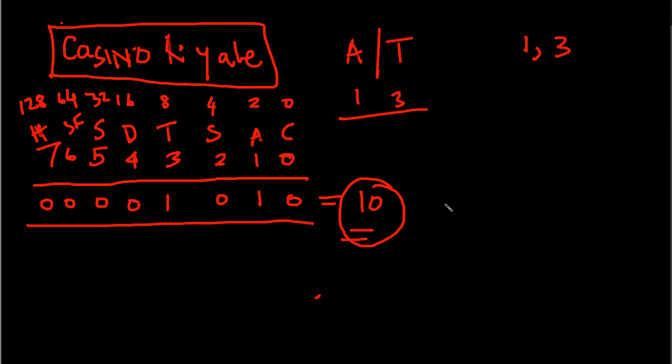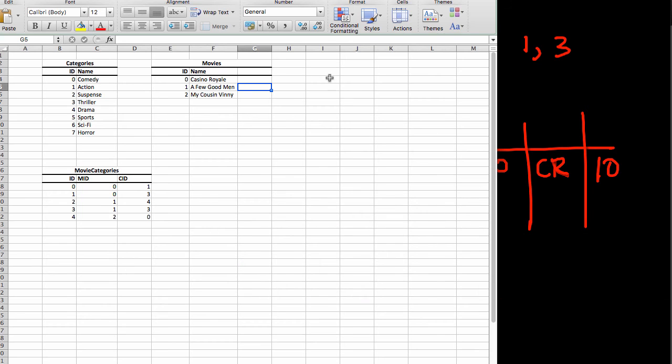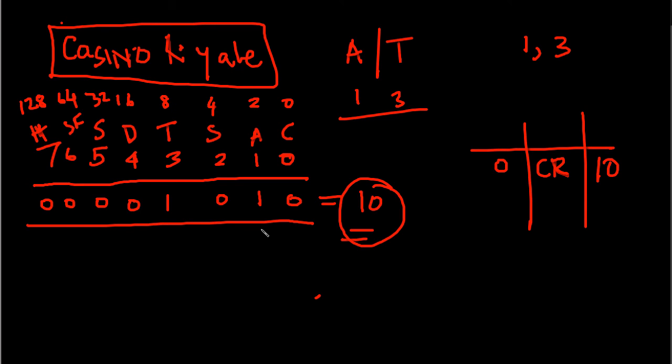Okay, so now in my database I can have 0 as the movie ID, Casino Royale as the movie name, and 10 in the categories. And I can do the same for the other movies as well. In this case, A Few Good Men was drama and thriller, so that would mean 16 plus 8, 24.